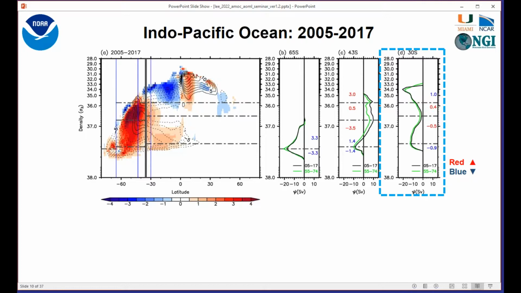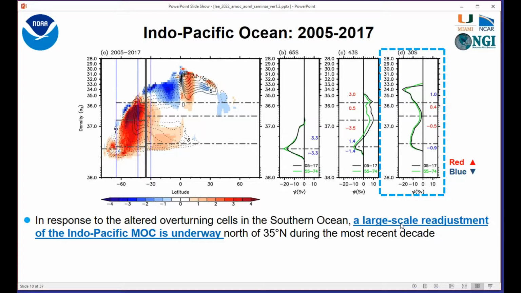Number 2, let's talk about what happened in the Pacific Ocean. This is at 30 degrees south, but just for the Indo-Pacific Ocean. So we are away from the Southern Ocean now. What you see here is a change in response to these major changes in the Southern Ocean.